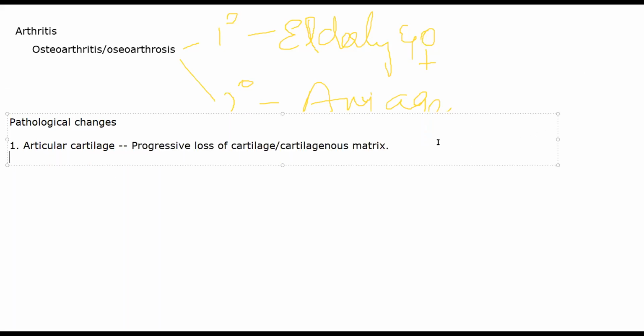Then the second change that you will see is in the bone, the adjacent bone. Generally, subchondral bones that are present directly under this cartilage will become polished because there is direct contact between bone to bone. Take your knee joint.